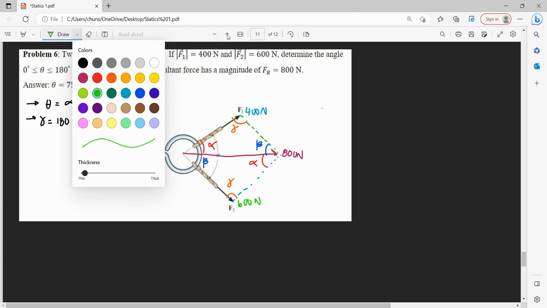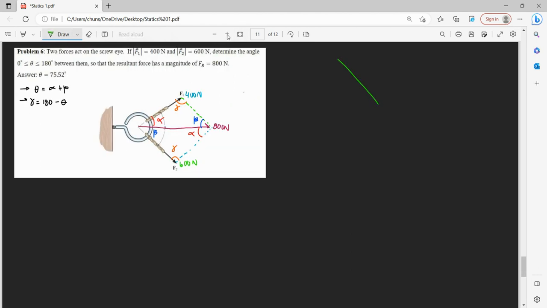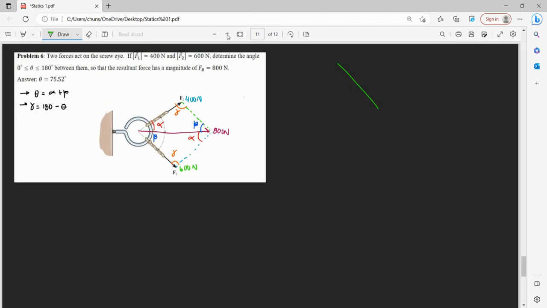So let's draw what this triangle looks like. So we have our 600, our 400, and our 800.